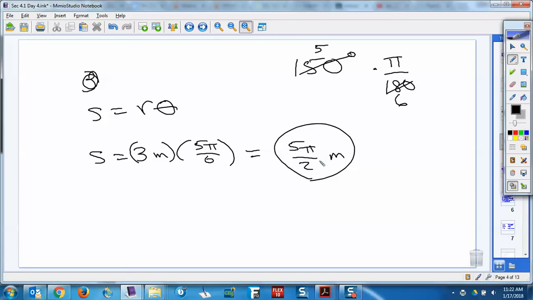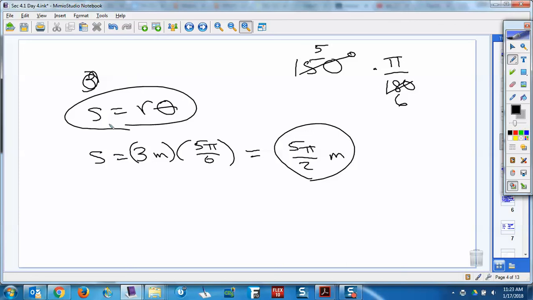So I probably won't get too picky on that until we get used to it, but let's just say that if you're going to give a decimal for this answer, unless the directions say differently, let's go out to 3 decimal places. So if you go 5 times pi button divided by 2 and give a decimal, let's do 3 decimal places. All right. So that's this formula right here. Seth, does that help? Yes.